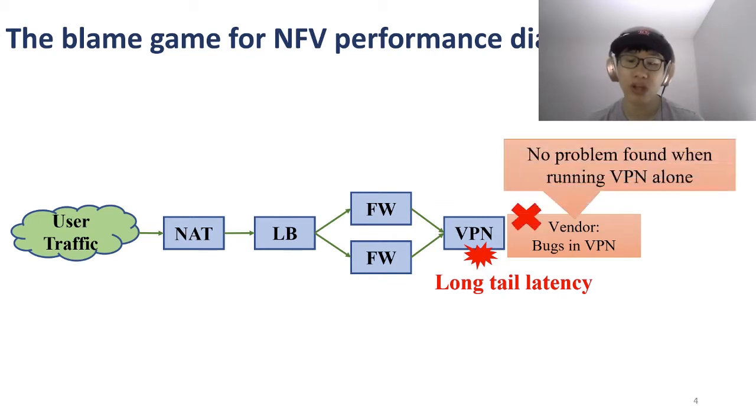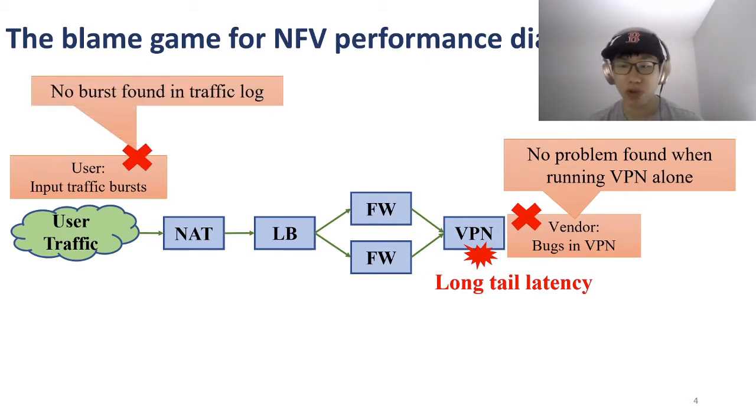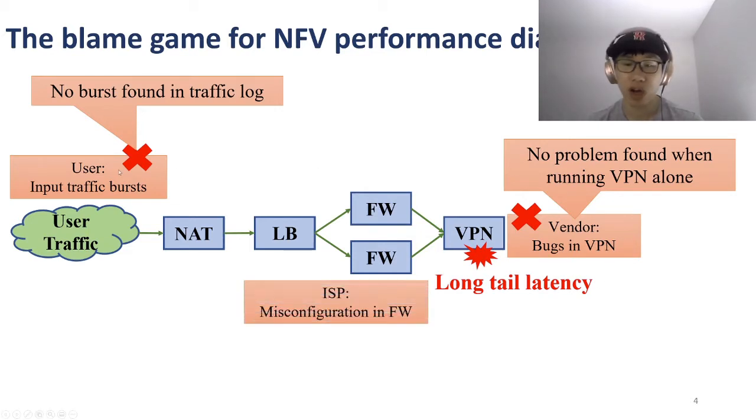But when the vendors diagnose the VPN by running it alone, they do not find any problems. Then the operators start to suspect that the user traffic is the culprit because we get high latency during a traffic burst at the VPN. But there is no traffic burst at the user end. Finally, the operator finds that the problem is located in the firewall because there is a misconfiguration in the firewall.